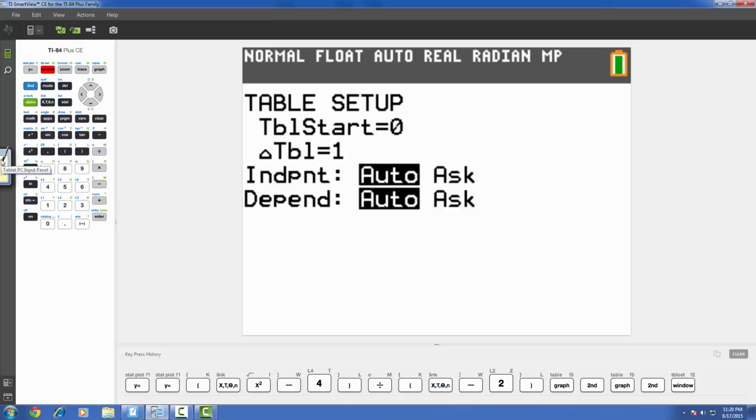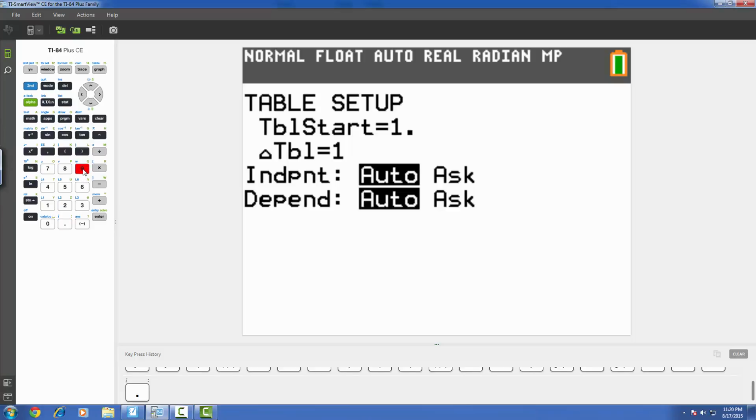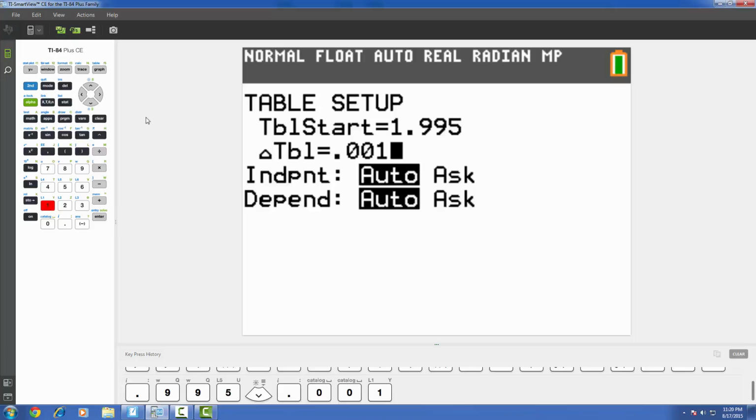I'm going to start at 1.995 and go up by 0.001 every time, so we get closer and closer to 2.